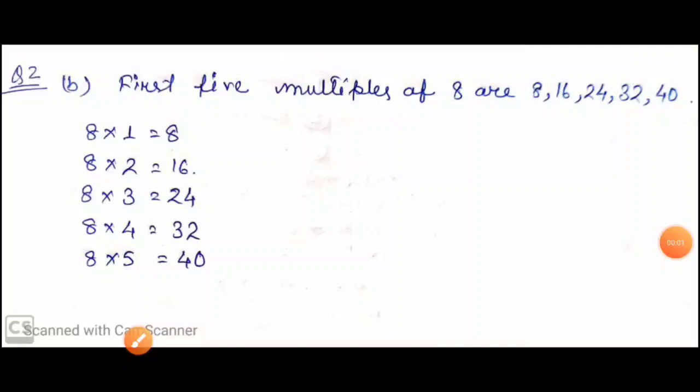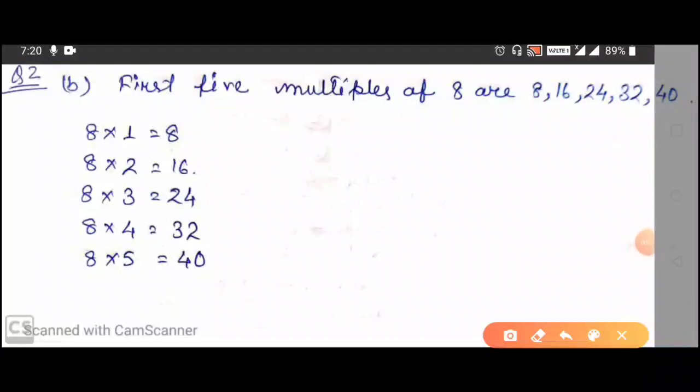Question number 2 of exercise 3.1. Here we have to find the first 5 multiples of 8. So here we are doing question number 2b. For finding the first 5 multiples of 8, we have to multiply 8 first by 1. So the answer is 8. Then by 2, the answer is 16. Then by 3, the answer is 24.